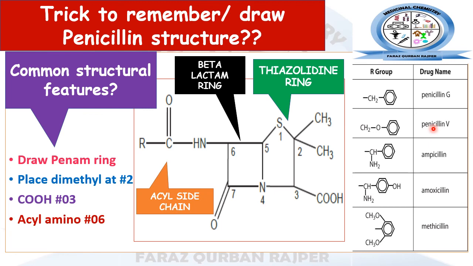If you are going to draw penicillin V, then you have to draw this phenoxy moiety at this position, and so on. In case of ampicillin, you have to place this benzyl moiety and then again place the amino group at this position, and same in case of amoxicillin and methicillin. So you have to keep in mind this entire basic ring skeleton for each of the penicillins, and you have to substitute this R with these groups.